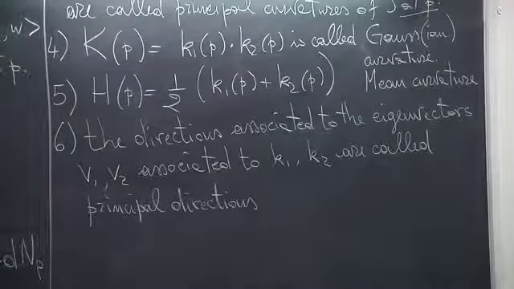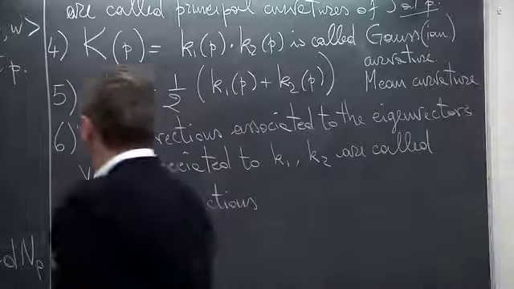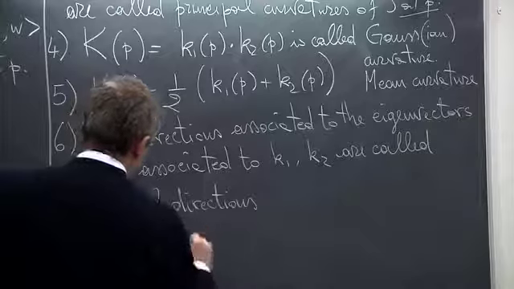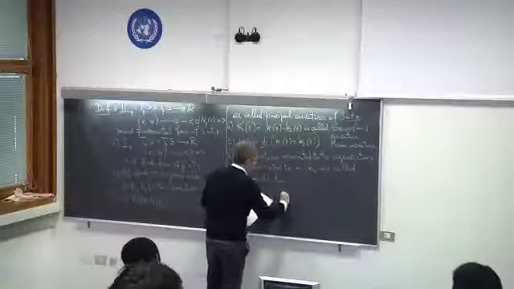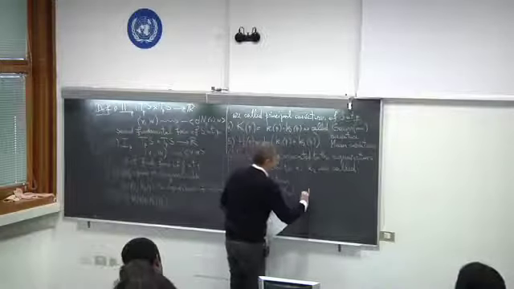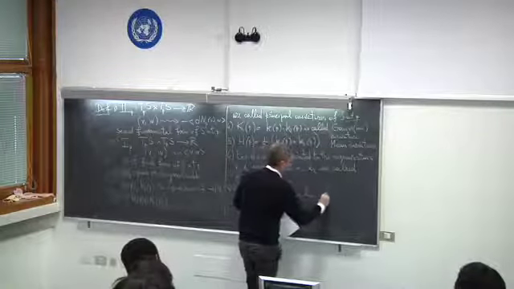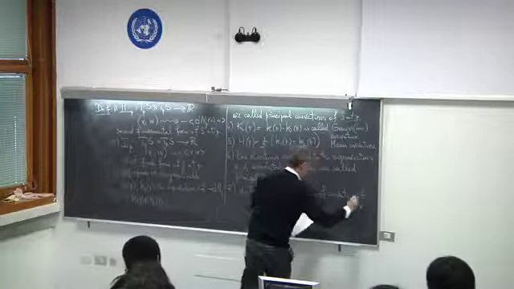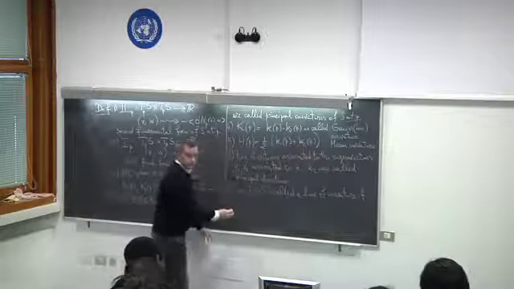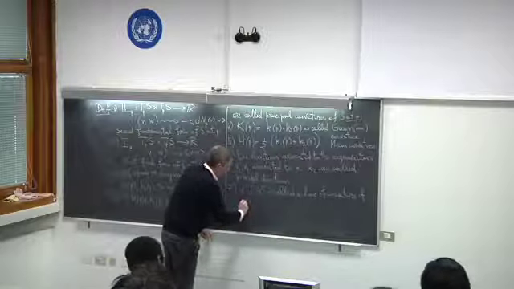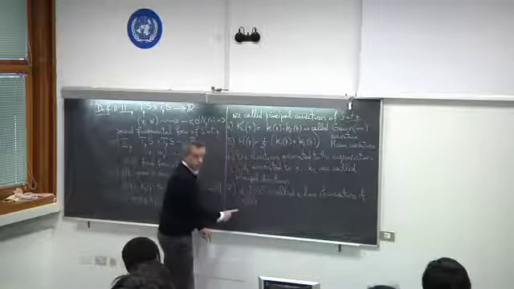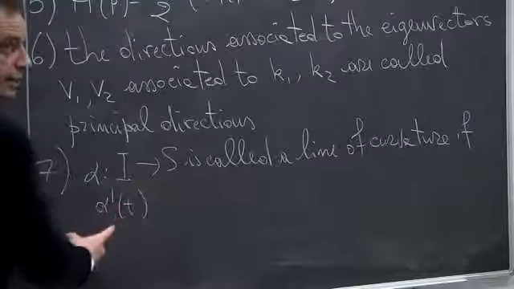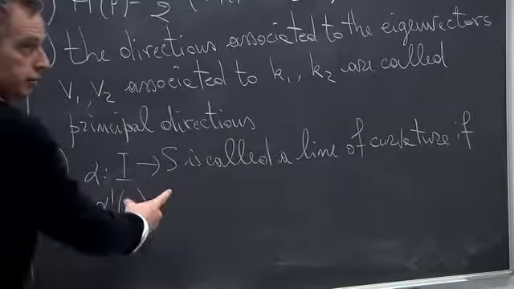And now the final name. A curve alpha from some interval to S is called a line of curvature if its tangent vector, its velocity, which is in particular a tangent vector to the surface S at alpha of t.